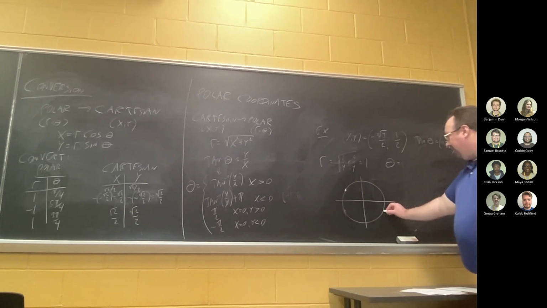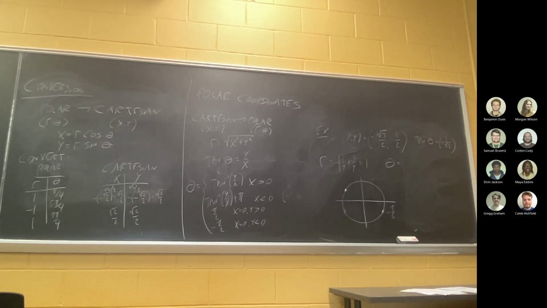So our inverse tangent would give you this angle right here, which is minus pi over 6. And then you have to add pi to it. I'm just making sure this is right, 2.62 radians.